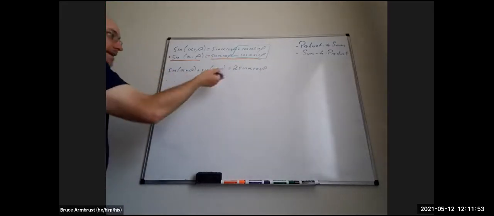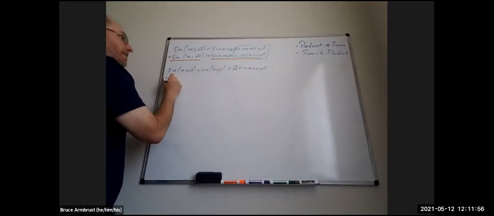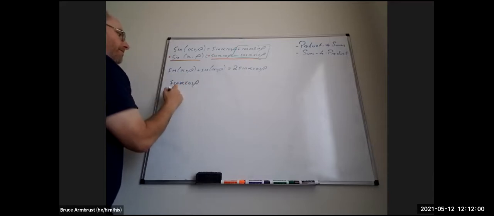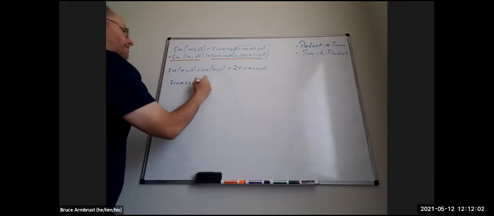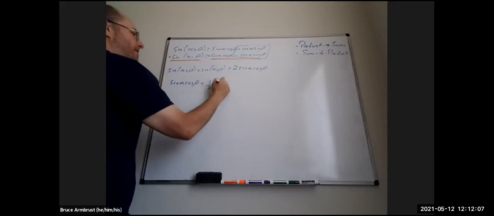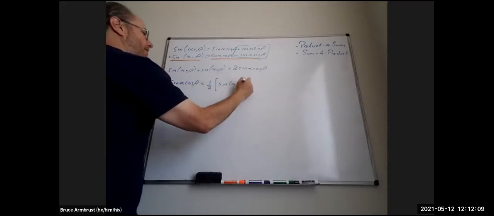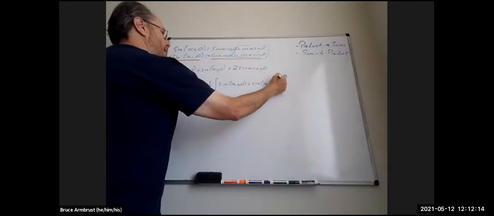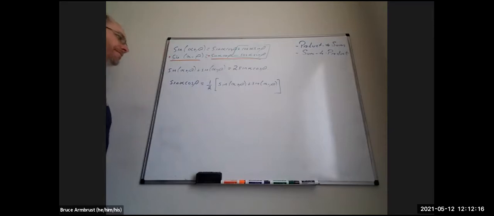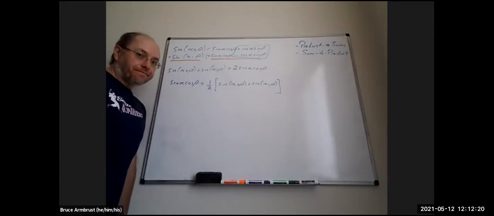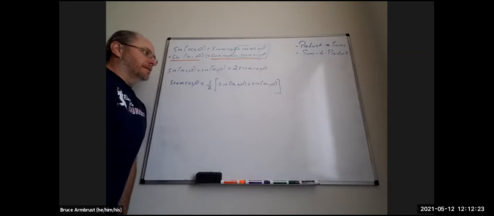So if you just take that and divide by 2, you get the first of the 3 product to sum identities. We get sine of alpha times cosine of beta is equal to 1/2 of sine of alpha plus beta plus sine of alpha minus beta. All right, well, there you go.